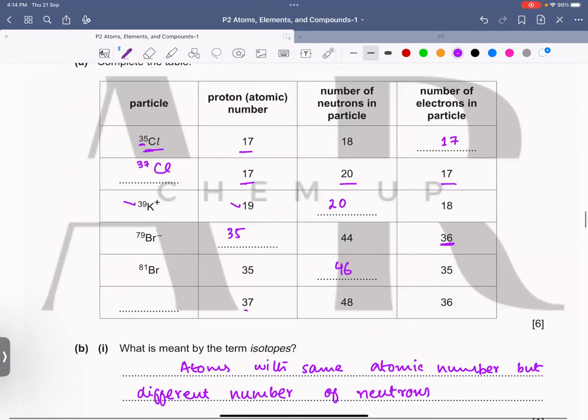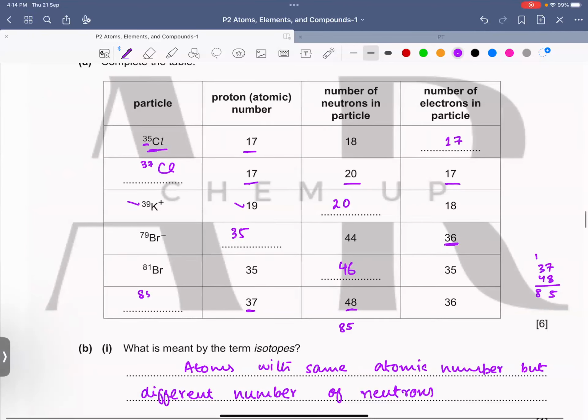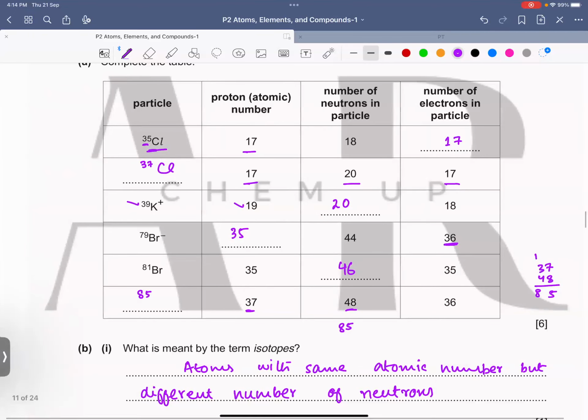Now the proton number is 37 and the neutron number is 48. So if I add them, what will I get? 85, right? Yes. 37 plus 48: 7 plus 8 is 15. So 85. So here it is going to be 85, but we don't know the symbol.